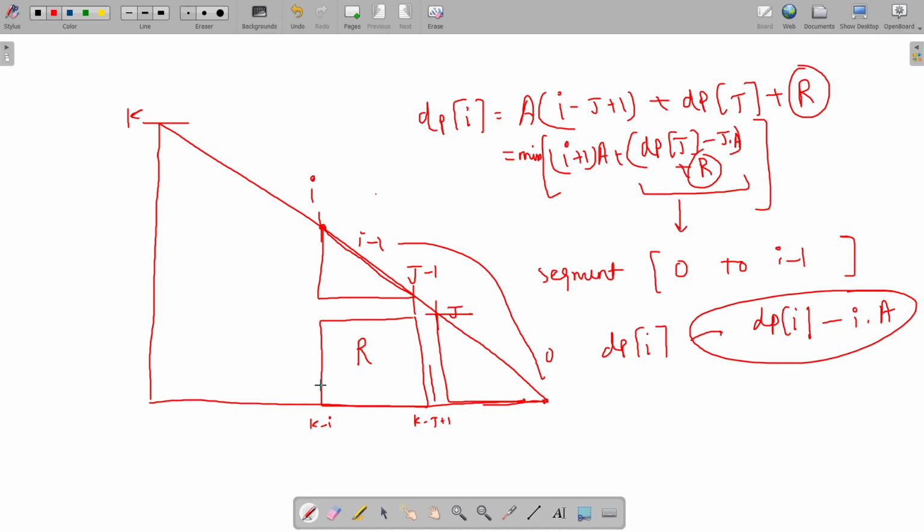But let us assume that for now we have maintained this region. This region contains all elements from J plus 1, so it would be from I minus J minus 1 up to I minus 1.